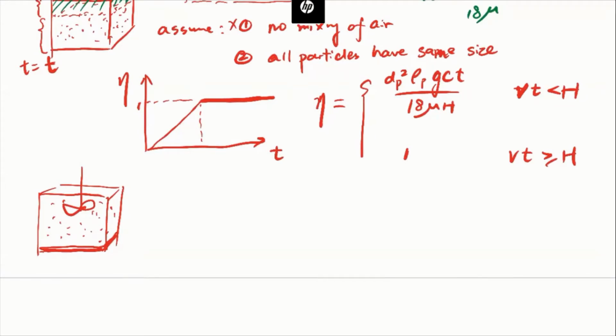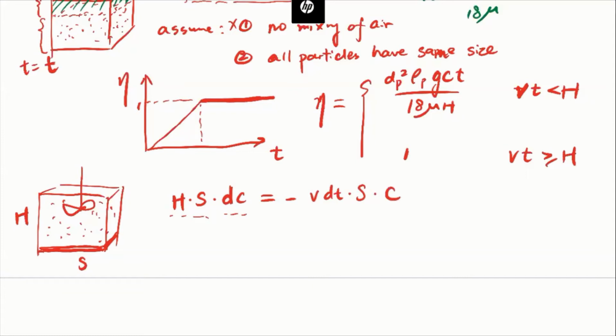Basically we have H multiplied by S. This is the volume of the chamber, and if we multiply by dC, the change of the concentration in the chamber, we know that it's caused by the settling of the particles at the base of the chamber. So that's going to be V dt multiplied by S multiplied by C.